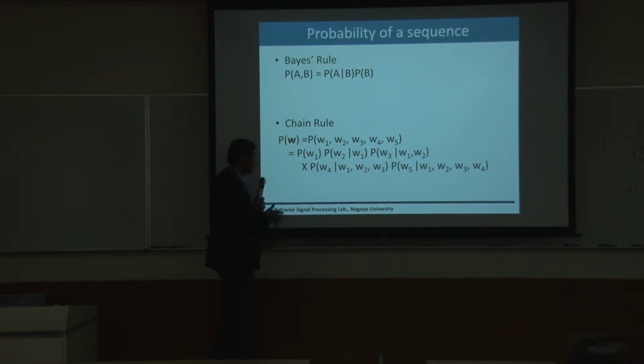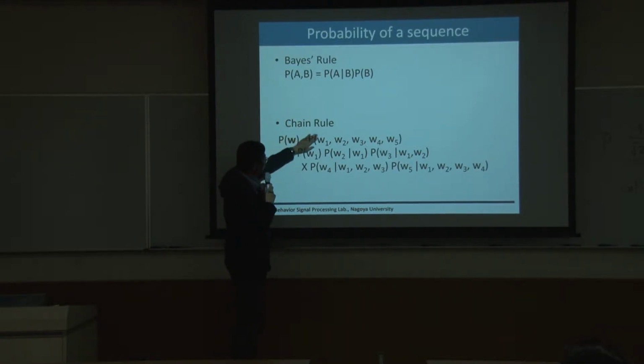So we have to have several models that represent the sequential correlation, a sequential generation of such random variables, particularly for natural language applications.